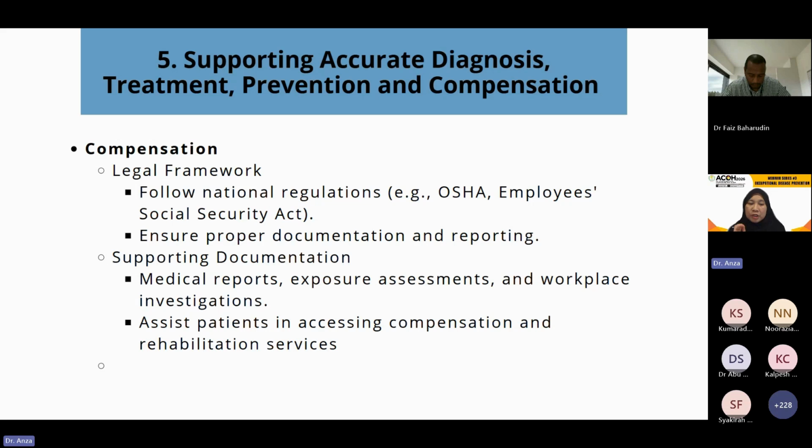We need to provide exposure assessments, the one that we had just now, NOS risk assessment, economic risk assessment, and workplace investigations to support whether this is an occupational disease or not. And also we need to assist the patients in accessing compensation and rehabilitation services.